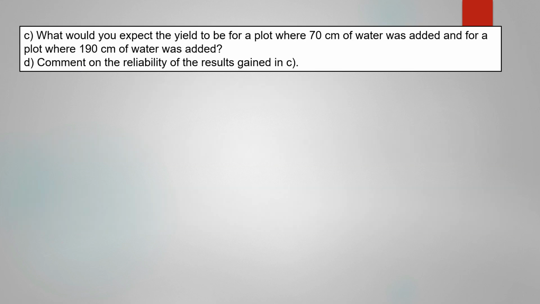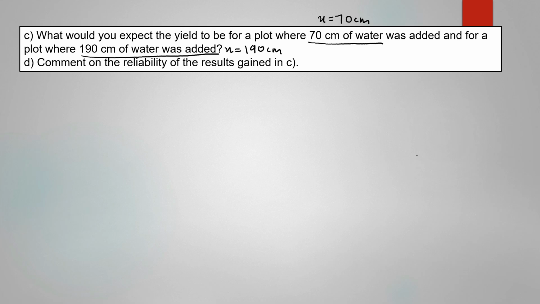Question C. What would you expect the yield to be for a plot where 70 cm of water was added and for a plot where 190 cm of water was added? So here we are given two values of x, the first one x equals 70 cm, and here x equals 190 cm.